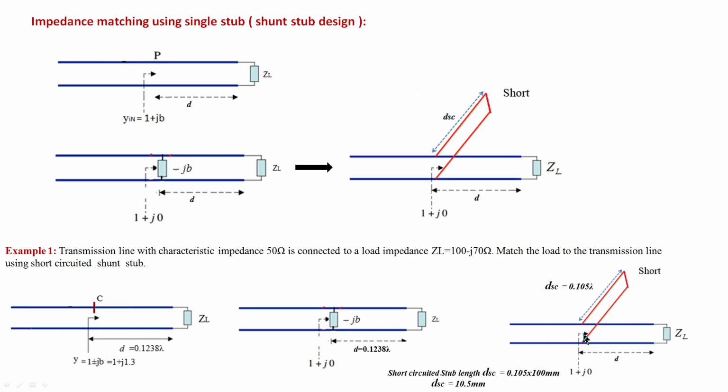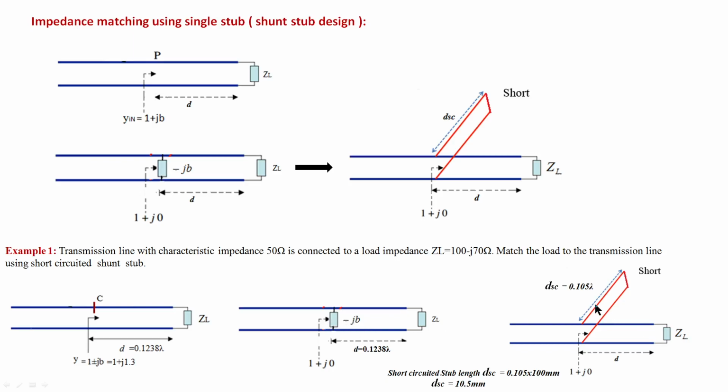Here it is minus 1.3, and the existing is plus 1.3. So this stub cancels the plus 1.3 existing on this line. This is the main transmission line, and this is one more piece of transmission line, but it behaves like a component, like a capacitor or an inductor, whose susceptance value is 1.3.